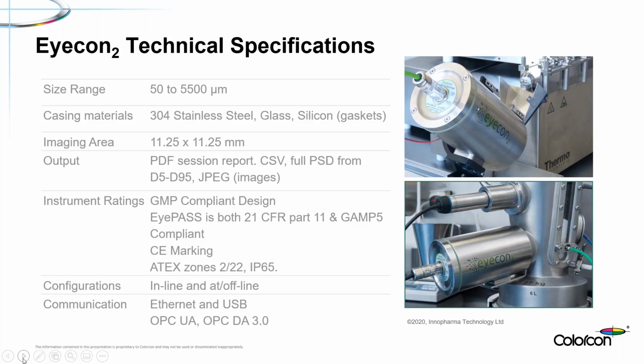Means that the Icon 2 is not necessarily applicable for all incoming raw materials, but generally any material where we have begun a process of agglomeration, whether we're granulating it, whether we're extruding it.